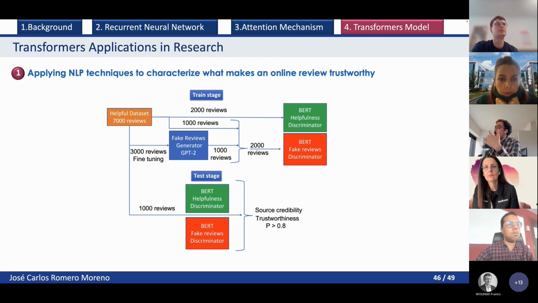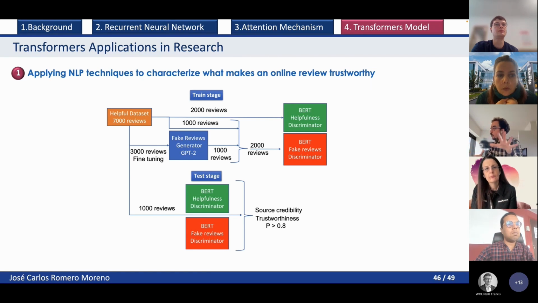So we are using BERT and GPT-2 models to train a machine learning model to understand this kind of review. Just a summary of the general structure: with GPT, you can generate text, as when you ask ChatGPT things, it's generating text. So we trained a GPT-2 model to generate artificial, fake reviews.